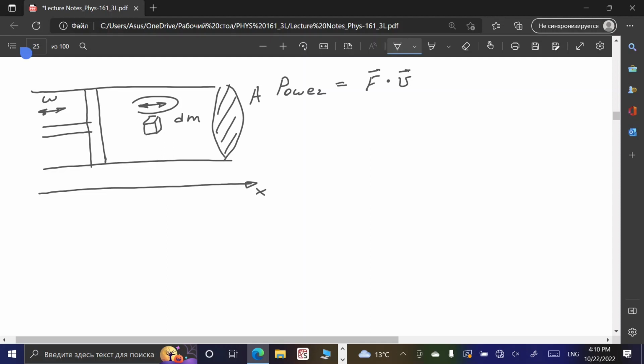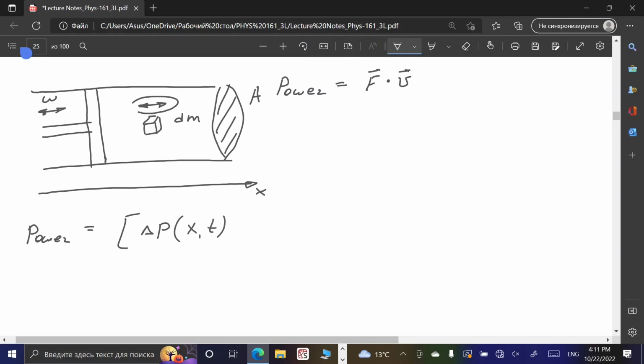So then, taking all this into account, we can write for power: delta P, change in pressure as a function of x and t.